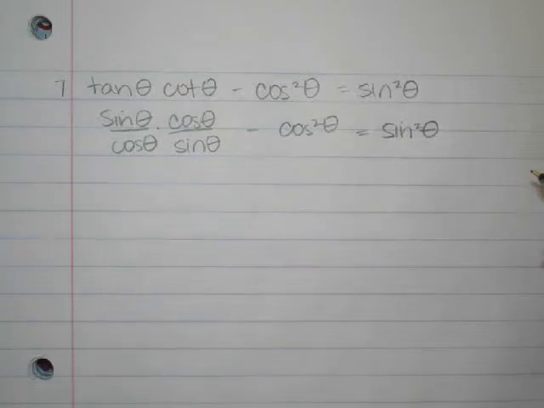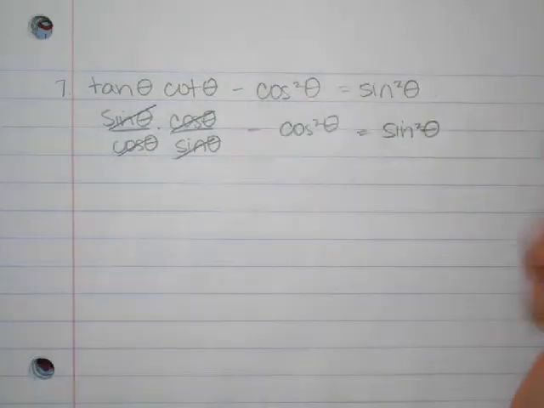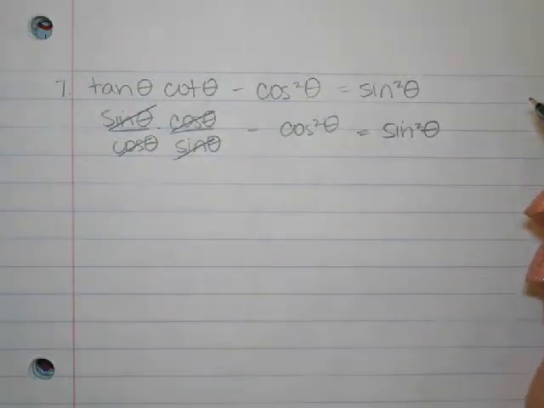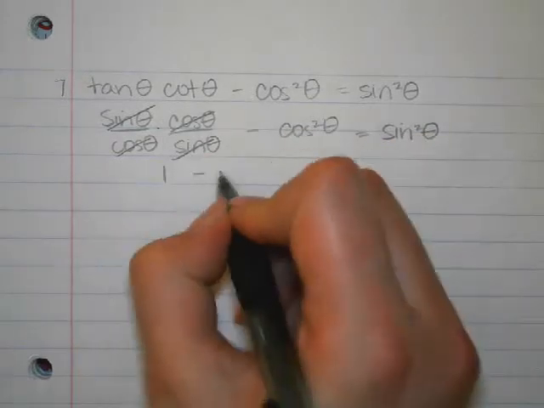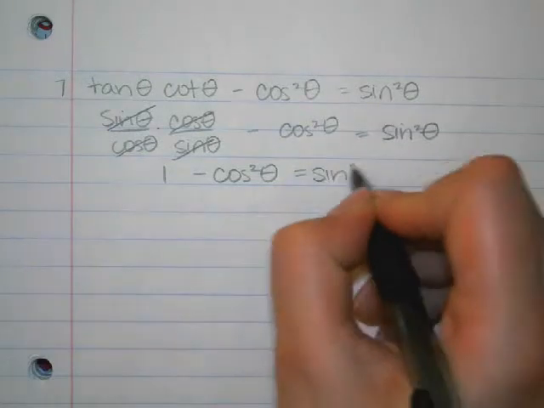They cancel, right? So coses cancel, sines cancel. When everything cancels, do we leave a 0 behind or a 1 behind? A 1. Okay, so we leave a 1 for that. We've got 1 minus cos squared equals sine squared.